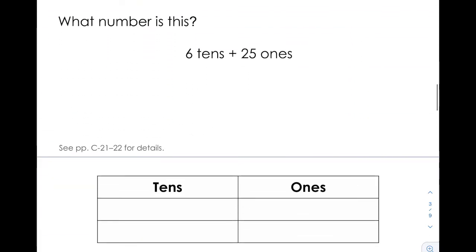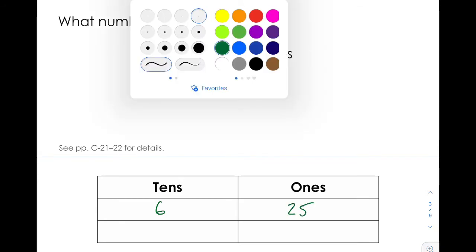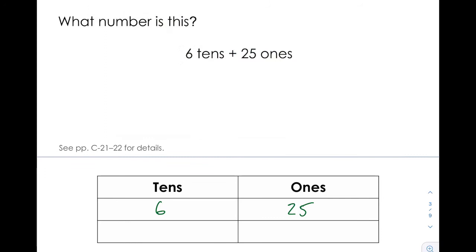What number is this? We have 6 tens and 25 ones. Let's take 20 of those ones to make 2 more tens, so we'll send them that way.